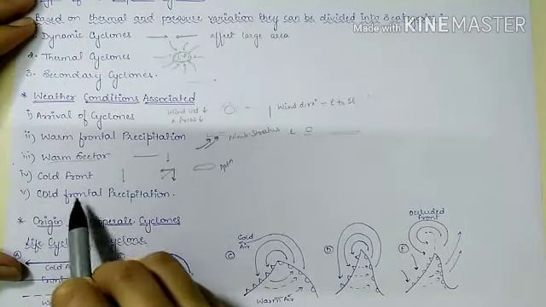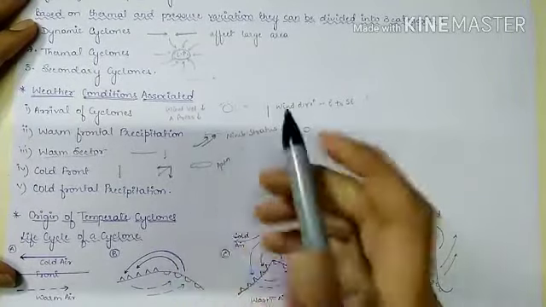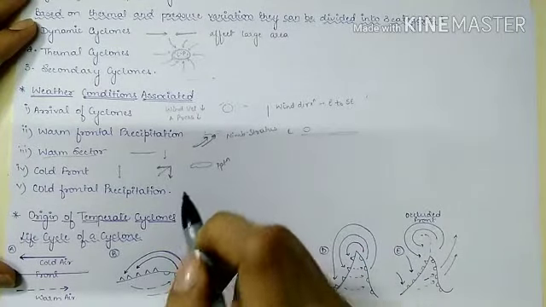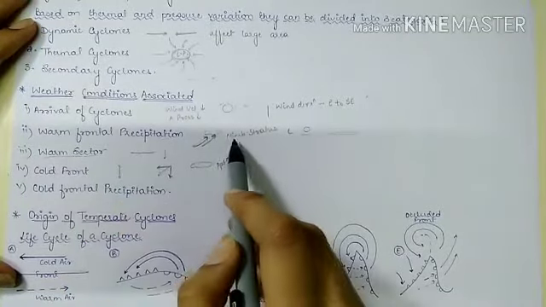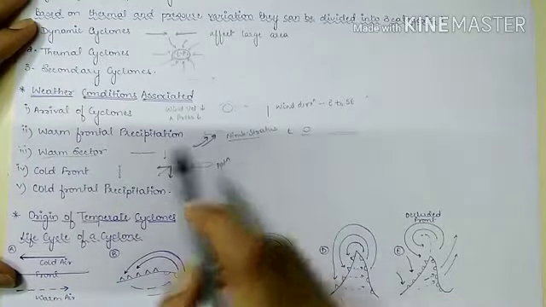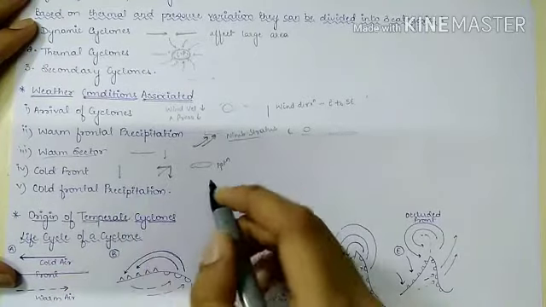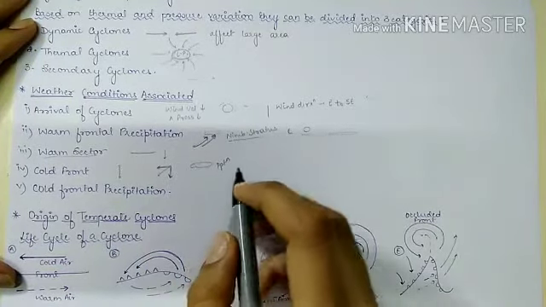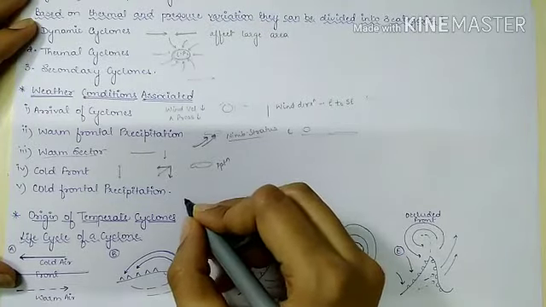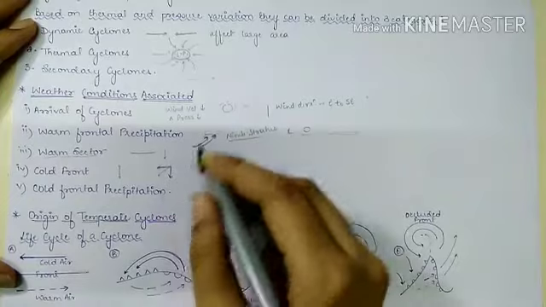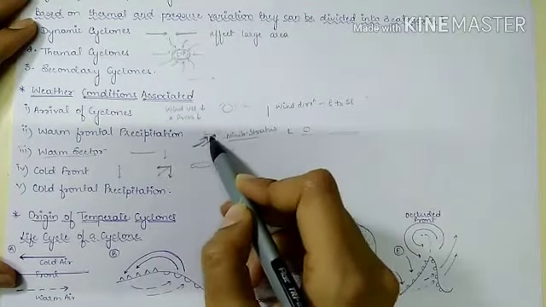So in cold frontal precipitation, what will happen? The sky will become overcasted by cumulonimbus cloud. So in warm frontal precipitation, we had nimbostratus cloud, while in cold frontal precipitation, we will have cumulonimbus clouds, which will yield heavy shower. In warm frontal precipitation, the warm air was rising by itself.